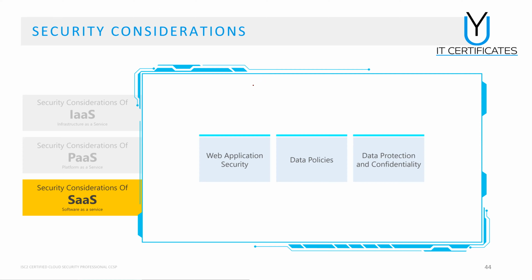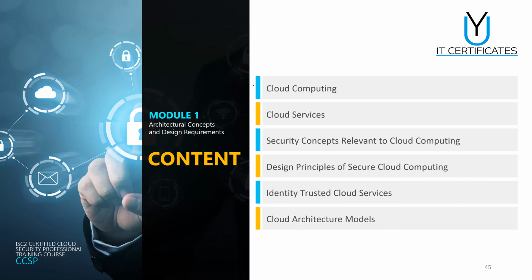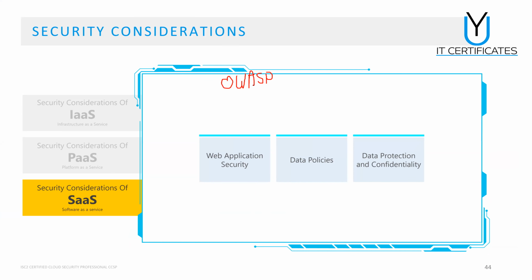Finally, the data protection and confidentiality, which is one of the most important security considerations in the SaaS, where the data should be encrypted and isolated, especially when we are working in multi-tenant environments with a lot of users and customers sharing the same resources. Someone can have a look at your data, or it can be leaked and so on.